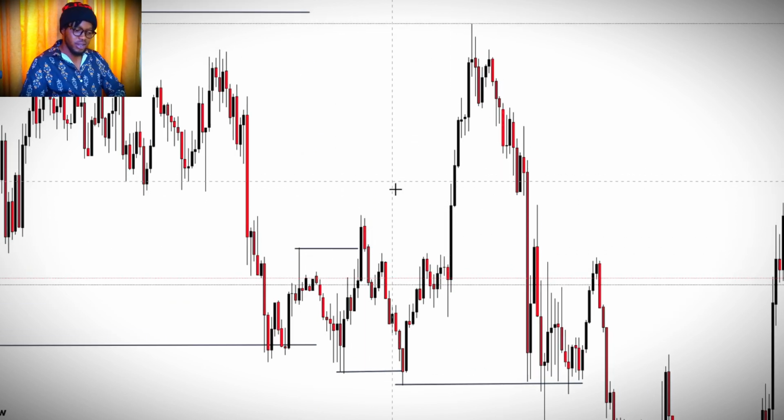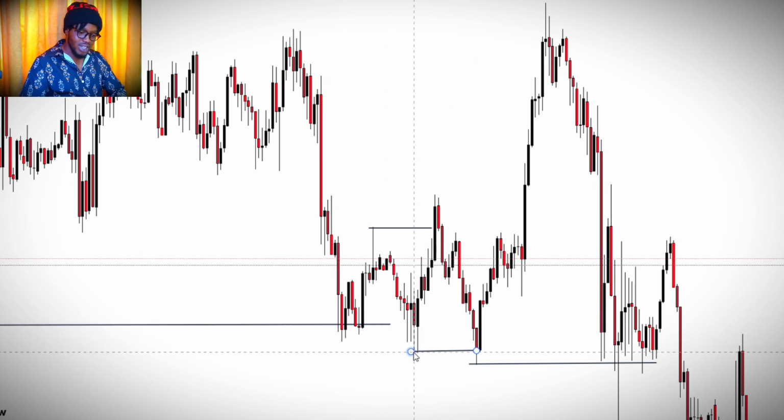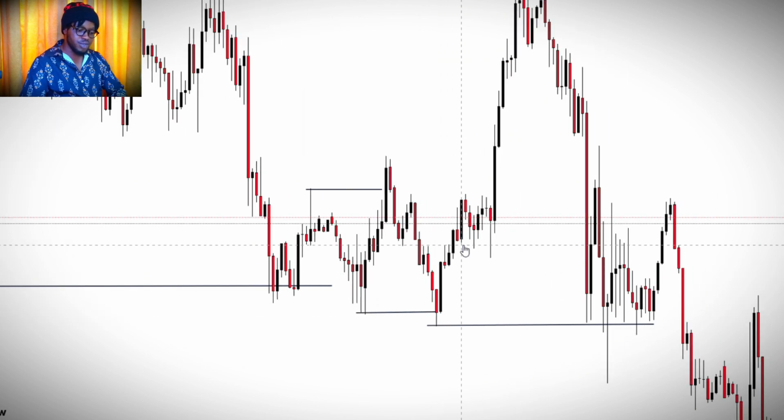Pay close attention. This low is lower than this low, definitely. And on this low now, a candlestick is not closing below it, so this is a liquidity sweep below this low. So you can still take a trade from this point.